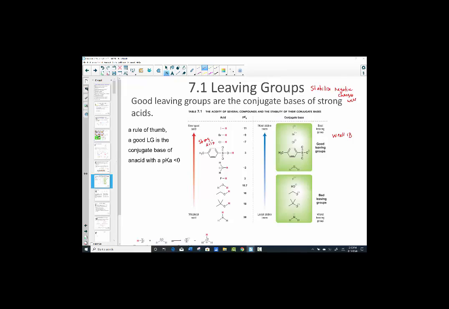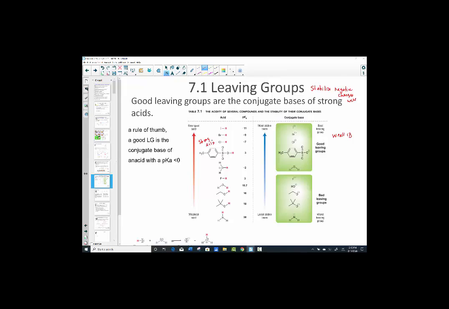So good leaving groups are very good at stabilizing negative charge, and that's exactly what we said conjugate bases of strong acids do. So the more stable the structure, the better it is at stabilizing that negative charge. That's going to create a good leaving group.